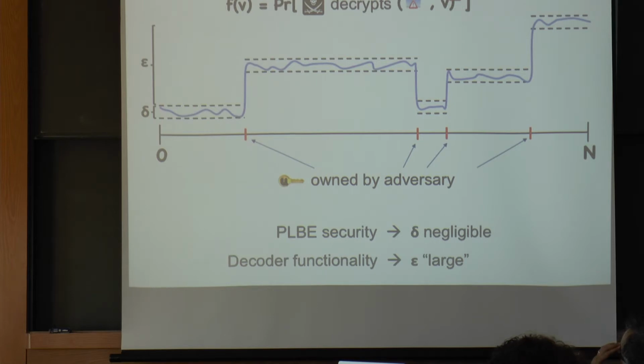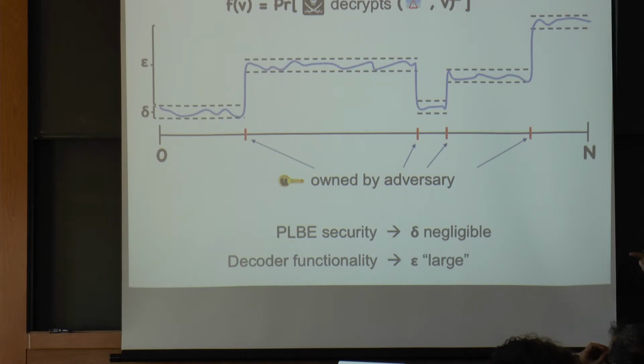We can look at the function f, and these little red lines correspond to identities owned by the adversary. I claim that between these little red lines, the function f doesn't change very much. But once I hit one of these red lines, it's allowed to change arbitrarily.